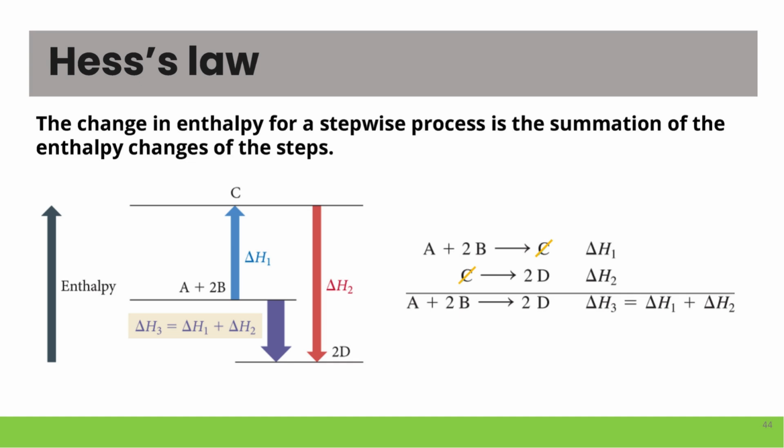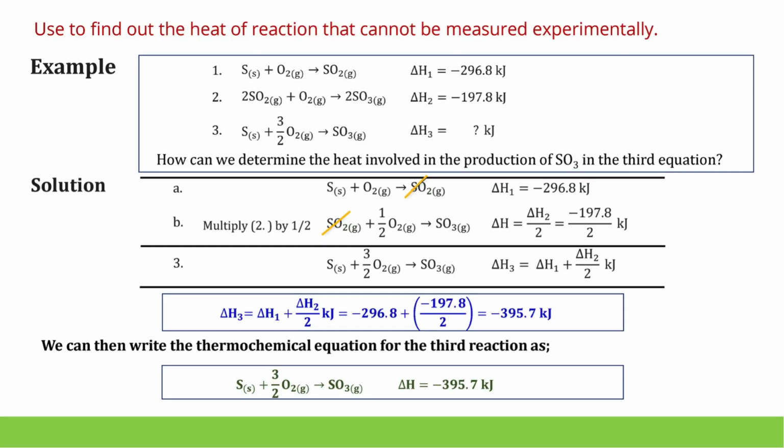ΔH total equals the sum of the ΔH steps. That seems really useful. It is. Its main power, as the chapter highlights, is finding the ΔH for reactions that are impractical to measure directly. Precisely. The source uses the example of finding the heat of formation for sulfur trioxide, SO3, from sulfur and oxygen: S(s) + 3/2 O2(g) → SO3(g).